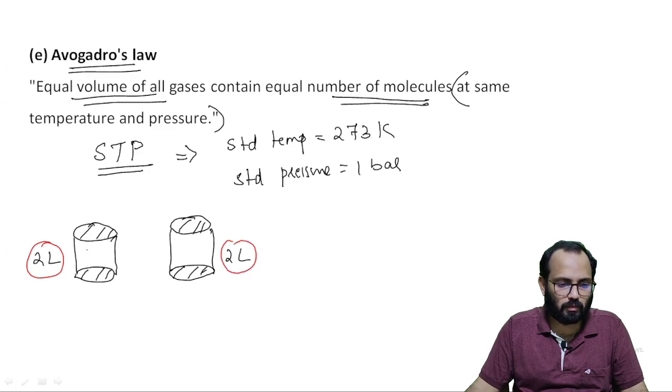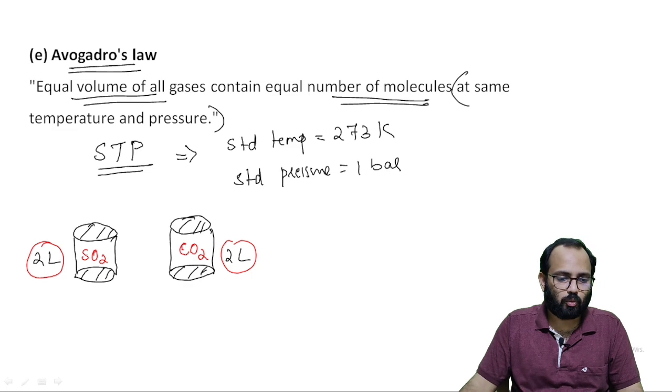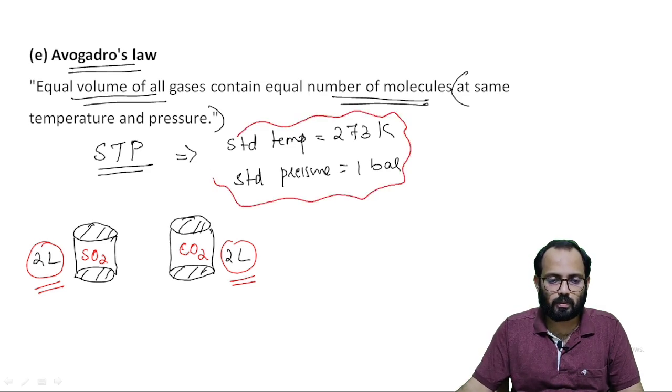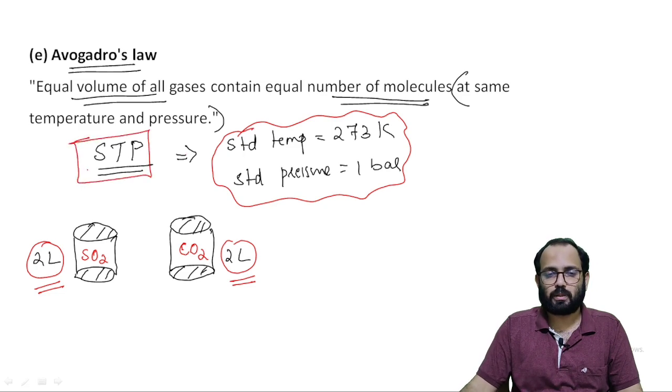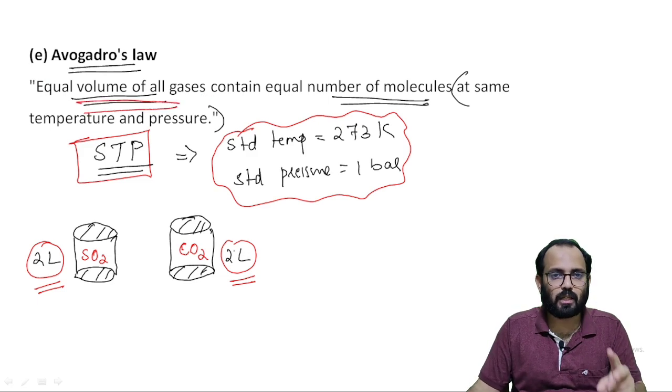Here I am filling it with SO2, and here I am filling with CO2. So I have filled two gases in two different vessels. Both have 2 liters of volume. The condition of temperature and pressure I have already told you, it is at STP. Look at the definition, equal volume of all gases. Now the volume of these two gases is equal, 2 liter.